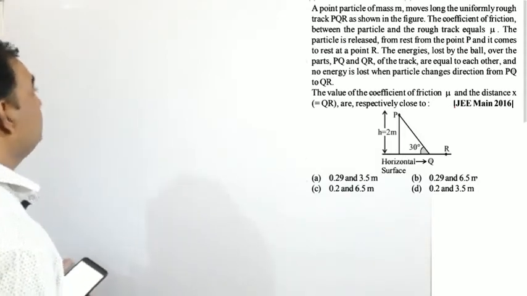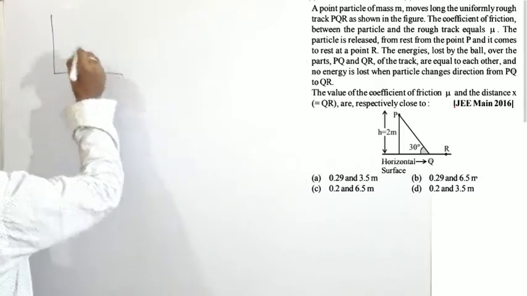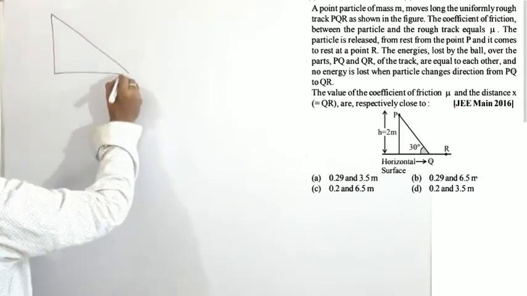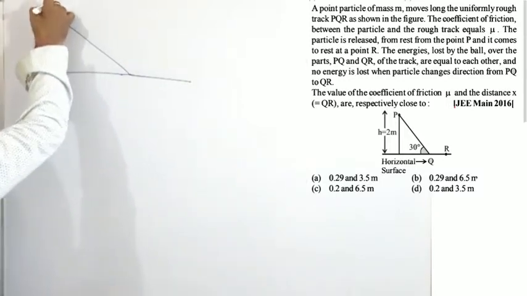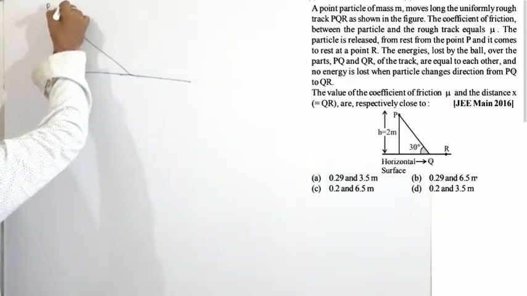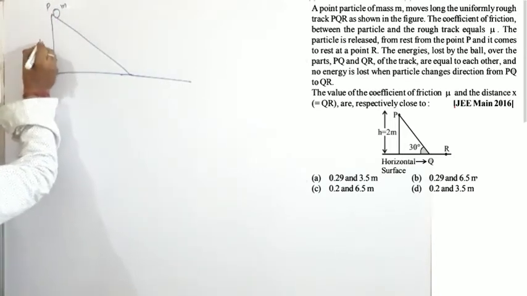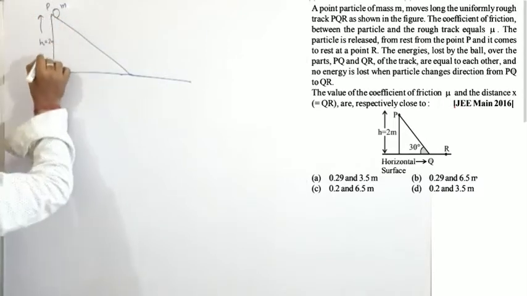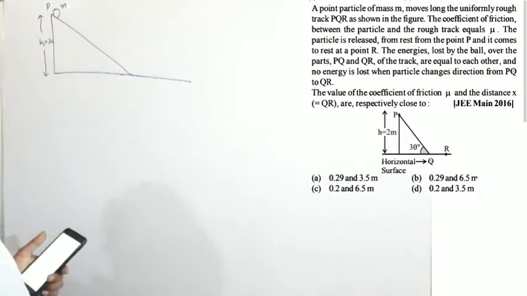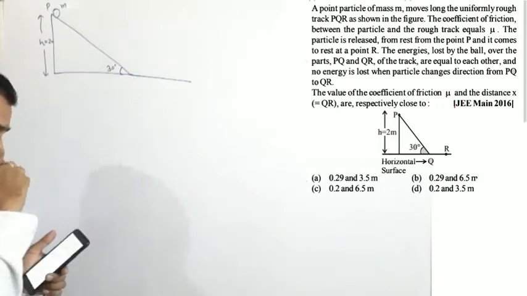So first of all we have to make the diagram, the figure of the problem. So a particle of mass m is on the inclined plane of height h, that is given as 2 meter, and the inclination of this plane is 30 degree.